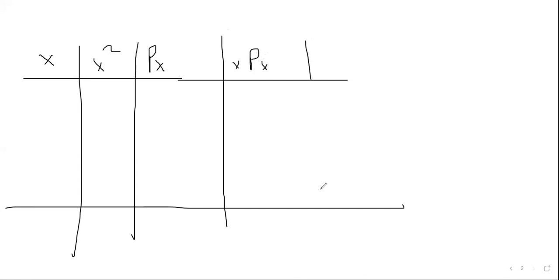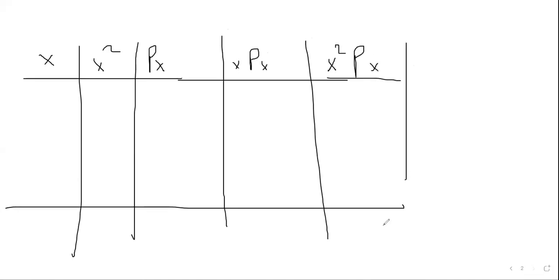Okay. So maybe let's neatly rewrite it. We had the values of x as 3, 4, 5, and 6. And we squared them, we got 9, 16, 25, and 36.